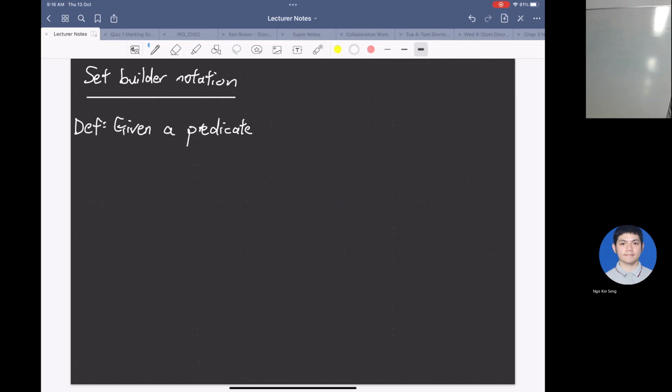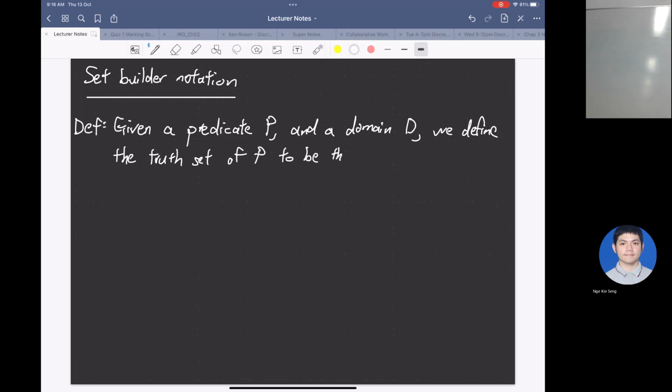In set builder notation, we use a predicate P and a domain D, and we define the truth set of P to be the set of elements x in D for which P(x) is true.